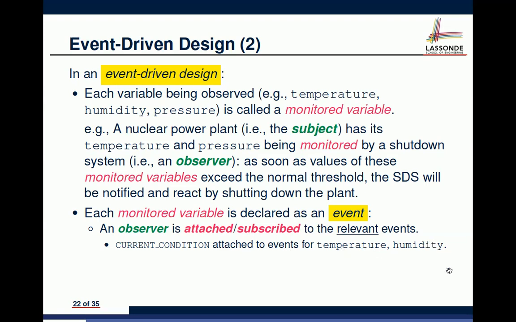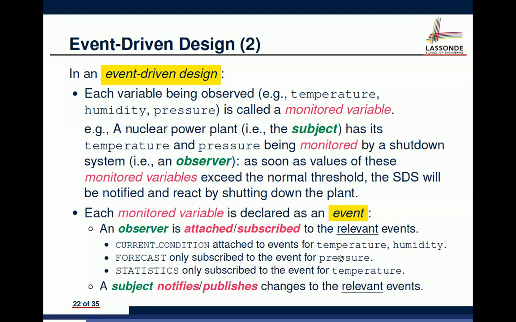The pressure is not relevant to the current conditions. Okay? And then forecast should only be subscribed to pressure only. Right? That's what we'll see. And now the subject is going to publish the changes to the relevant events by making the call to the delayed pointer. Okay, that's what we'll see. So the one above, I'm going to explain that a little bit later. Let's see the example right away.